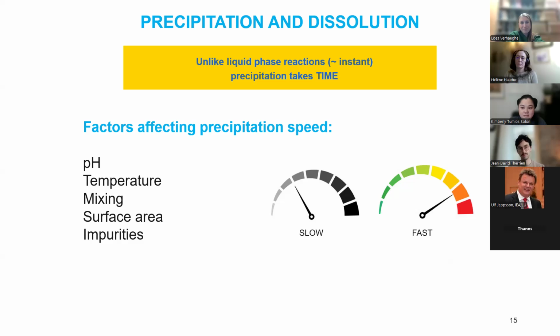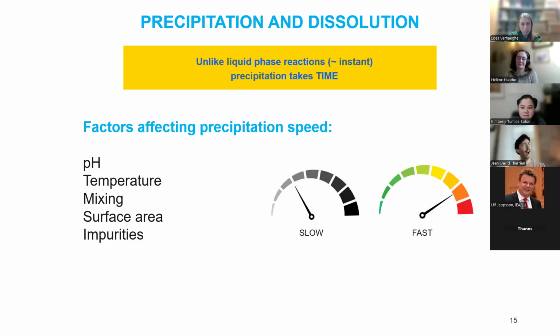So my question to you is, what do you think controls how fast precipitation actually happens? I have already in mind pH, temperature, mixing, surface area, and impurities. What do you think happens to the precipitation speed when you change these different factors? For example, if I increase the pH, will my precipitation be faster or slower?